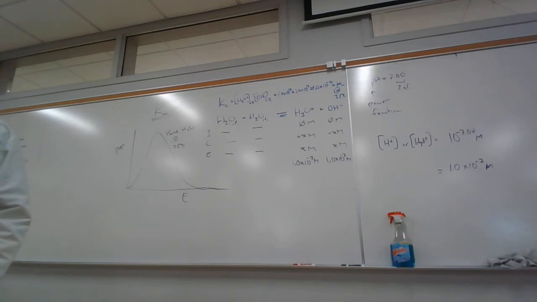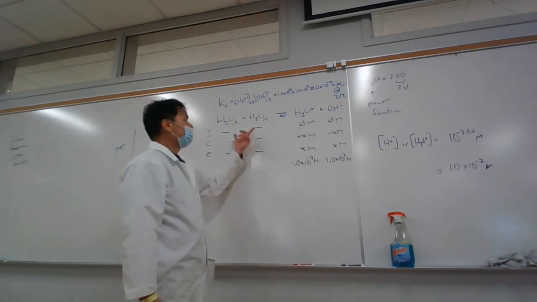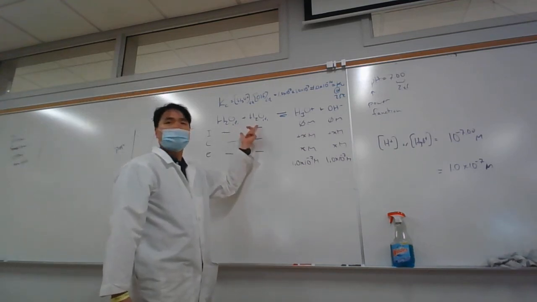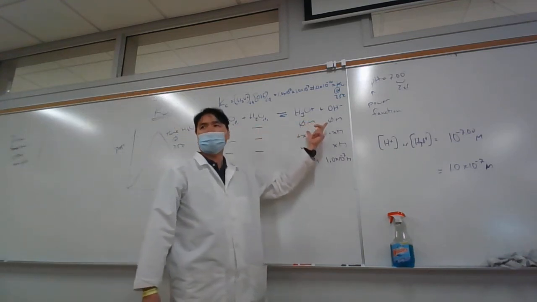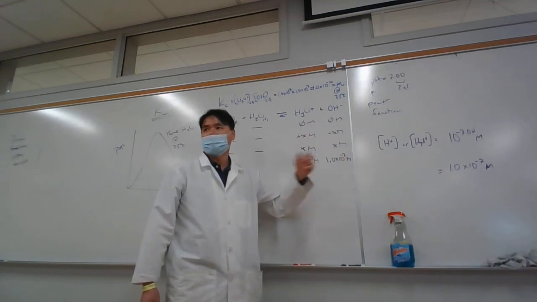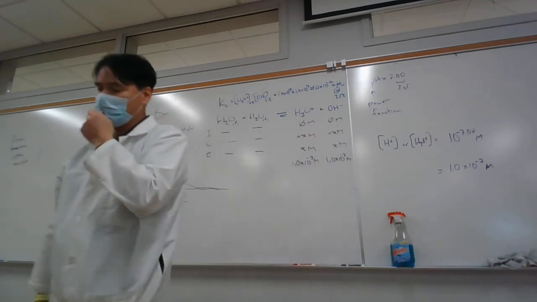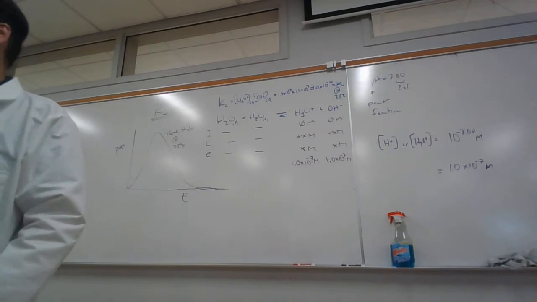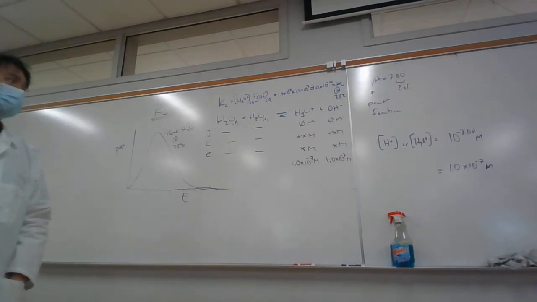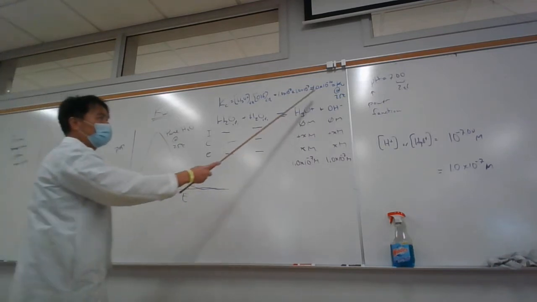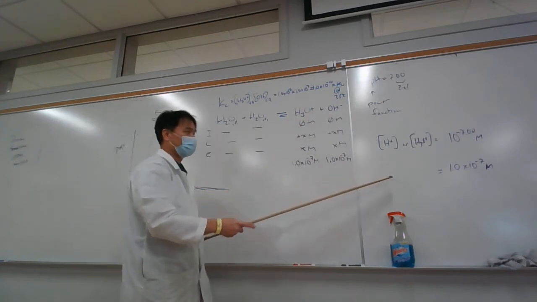So if I increase the temperature, the population grows. If the population grows, then I'm going to get more collisions. More collisions is going to lead to more hydronium and more hydroxide. And if I increase the hydronium and hydroxide, the pH changes. And so the pH of pure water at 25 degrees C is 7.